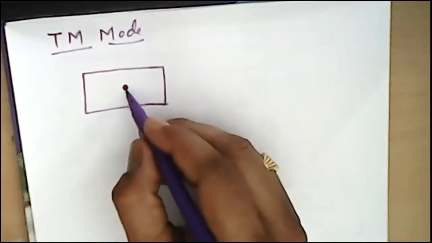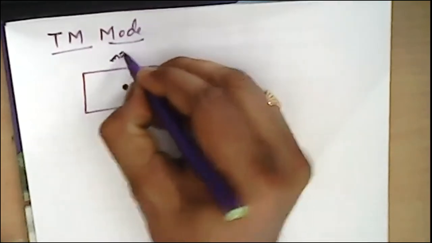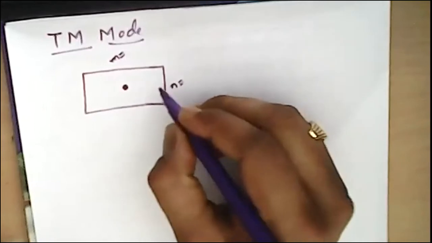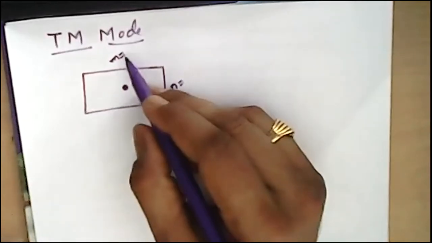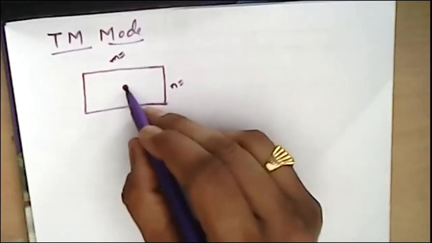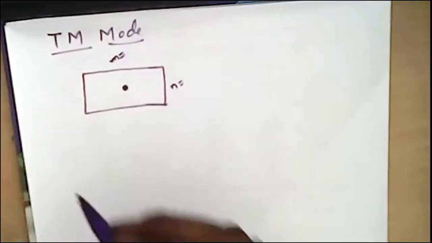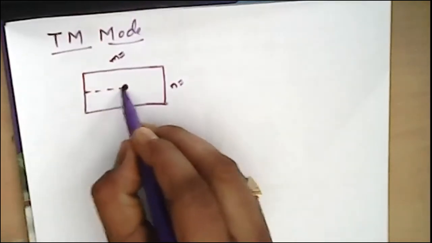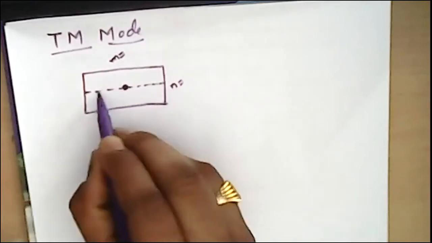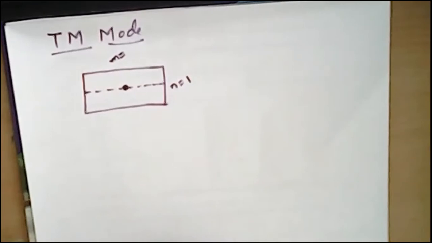Then the mode can be easily analyzed. This is m and this is n. The mode is analyzed along the axis normal to the wave being propagated. Only one wave appears to be propagating here, so the normal axis along the x-axis is 1. So n will be equal to 1 here.